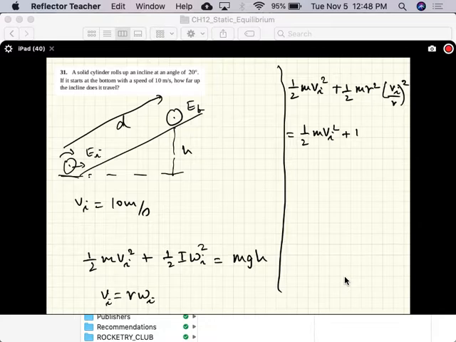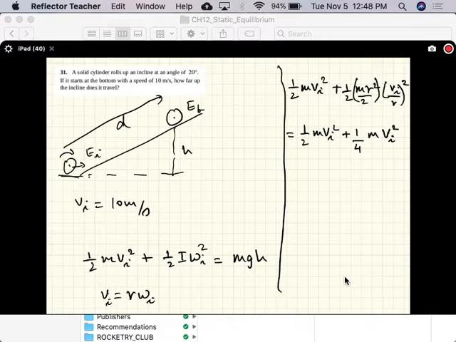Oh, I'm sorry, I forgot this half. There's that half, and there's the moment of inertia. So this is 1/4 m v_i squared.